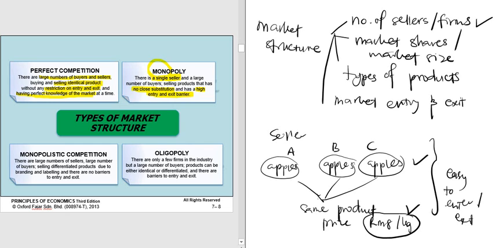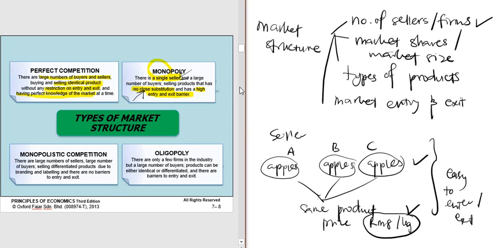So we can consider TNB a monopoly in that particular market. It is a single seller, and the product they produce has no close substitute. There are no other or different types of electricity. There is only one electricity supply coming from a single supplier, which is TNB.